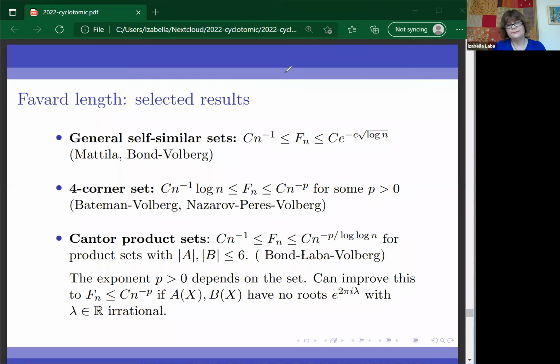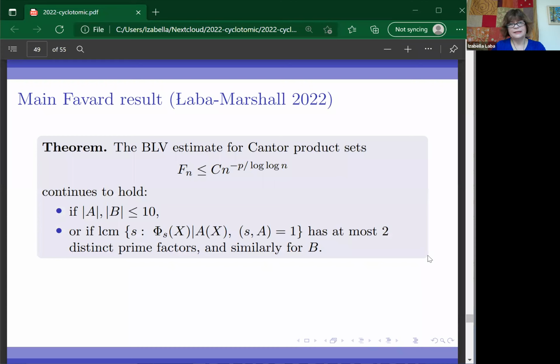So the result that we proved is that the estimate extends to, first of all, cardinalities at most 10. And we could probably extend it a little bit beyond that, but it's just really annoying to have to go through so many special cases. So we stopped at 10.